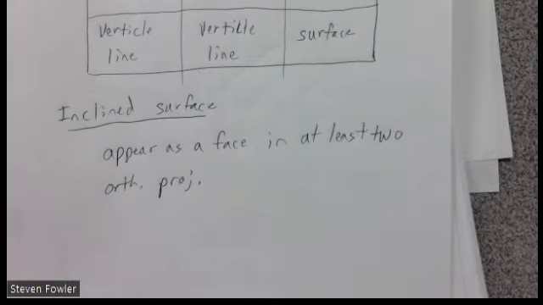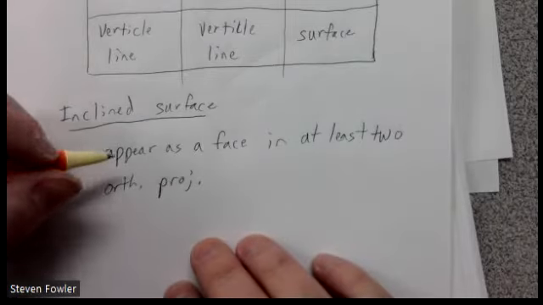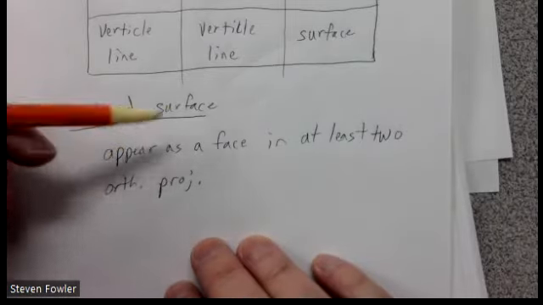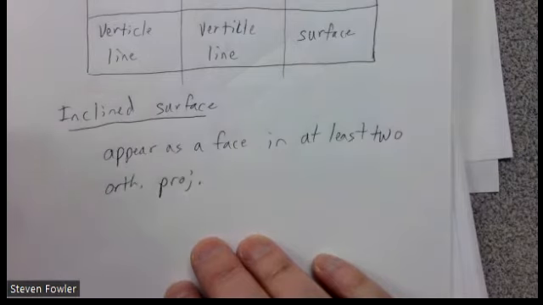If I've got inclines coming off of a pentagon or a hexagon, some of those are going to come off at different angles. So it's not going to be perpendicular to at least one surface, but it's going to appear as a face in at least 2 of these projections.